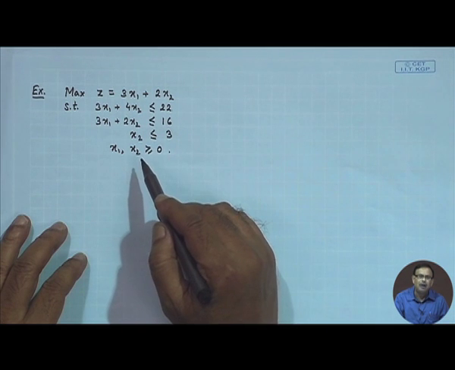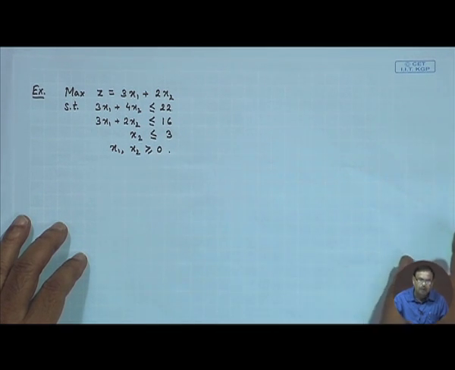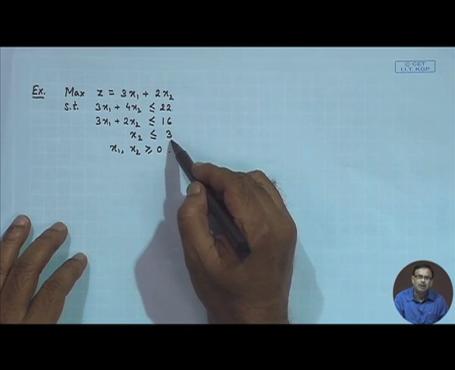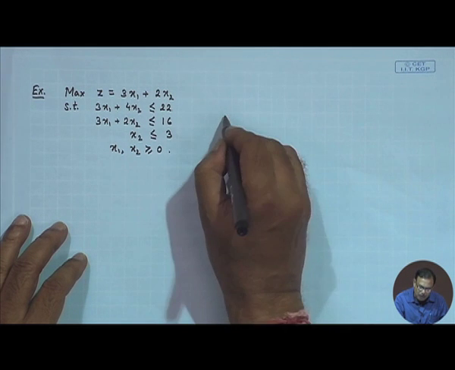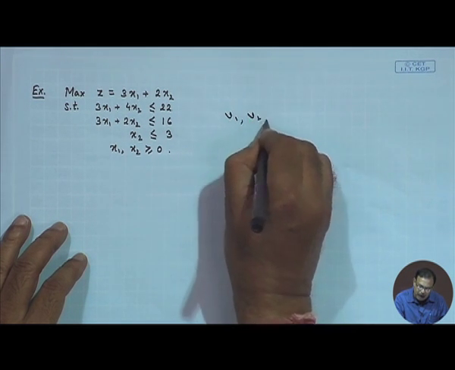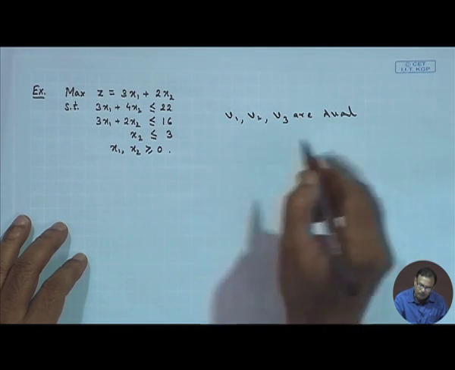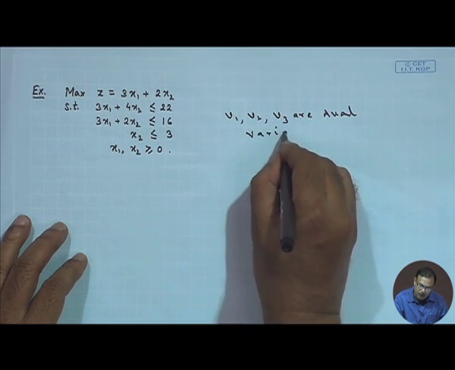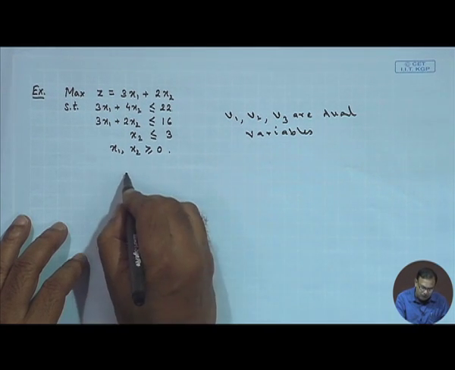Since I have 3 constraints, in the dual problem there will be 3 variables in the objective function. So let V1, V2 and V3 be the dual variables. So, what is the problem?